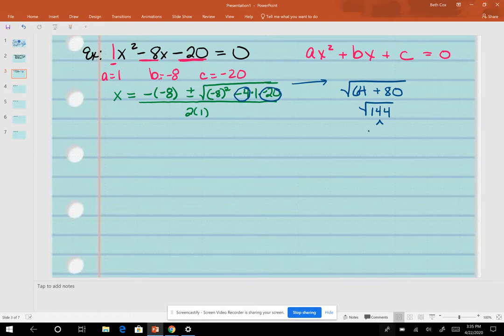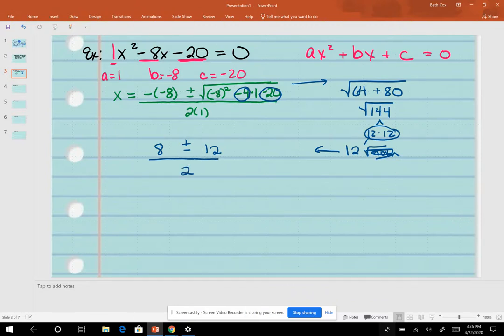If you remember how to do the getting out of the house, that's 12. They're out, and nothing is left here. So to simplify my radical, I get 12. All right, so let's bring that back into my problem. The negative 8 becomes a positive 8, plus or minus the 12 over the 2.